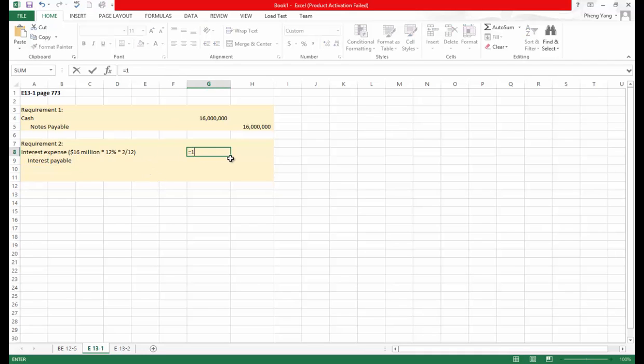So I'm going to put my formula in here: times 12% times 2 over 12. And there we go, $320,000 for my interest expense.